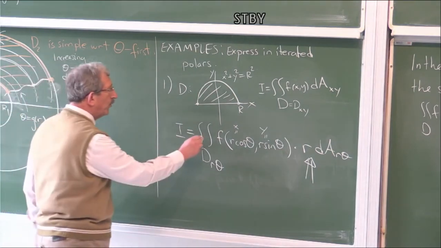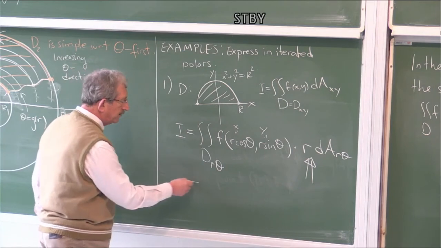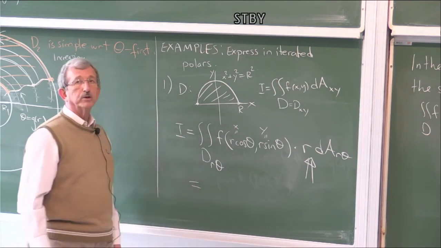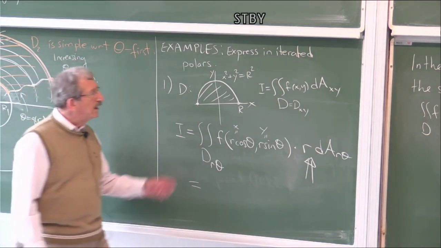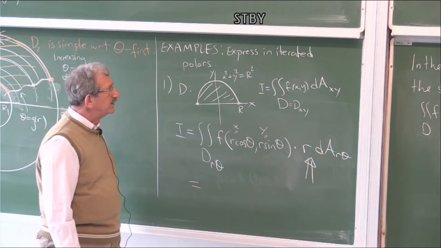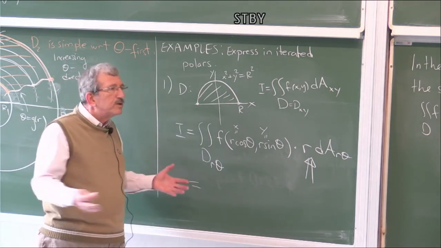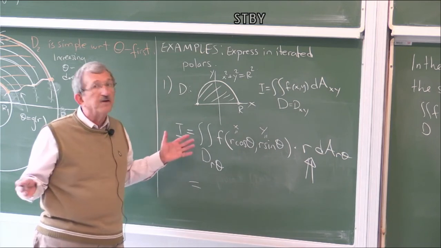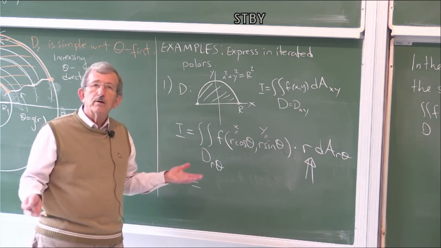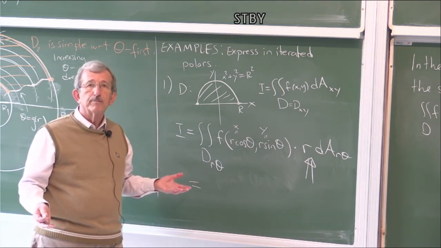Now, we want to write this in iterated polars. That means we look at this region and see it is simple with respect to r or theta. But which one? Actually, it's both.